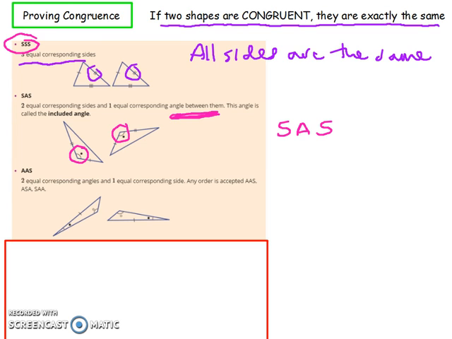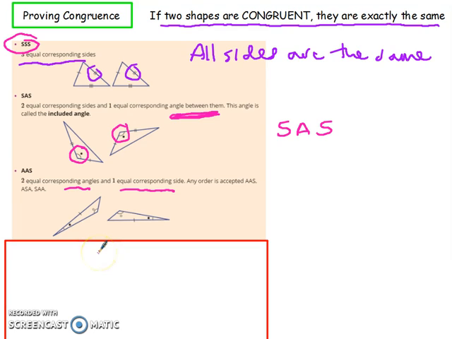The next congruency test is if we've got two angles and one side. If we know that two angles are the same and we know that one other side is the same, then that's enough to say that they are congruent. It doesn't matter where the angles and the sides fall. The angles don't have to be in between the sides.